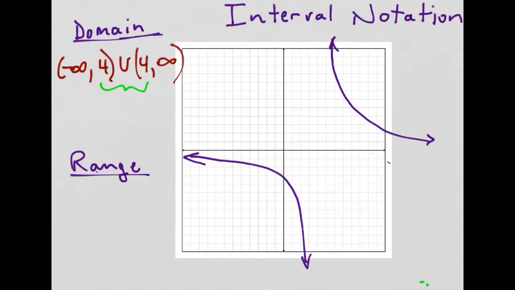Now let's talk about the range here. Alright, so we got a split here as well. We got a split in the y. Alright, so if we're talking about the range, we go lowest to highest. Alright, so here's the lowest point, and you go up here, and then you hit this problem area here at y equals 0.